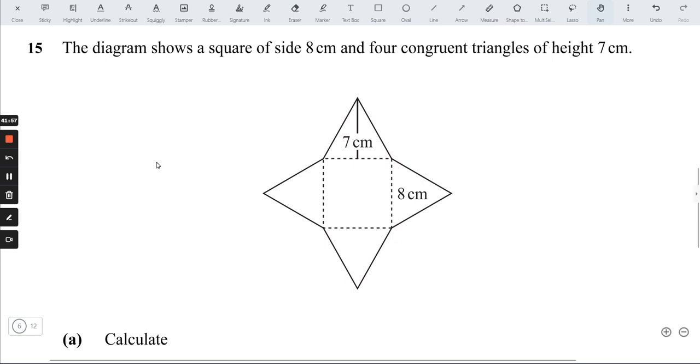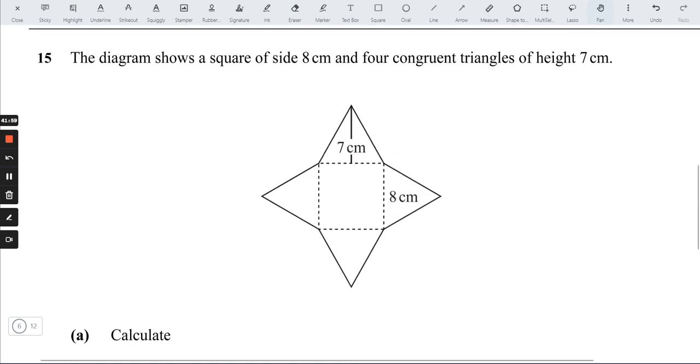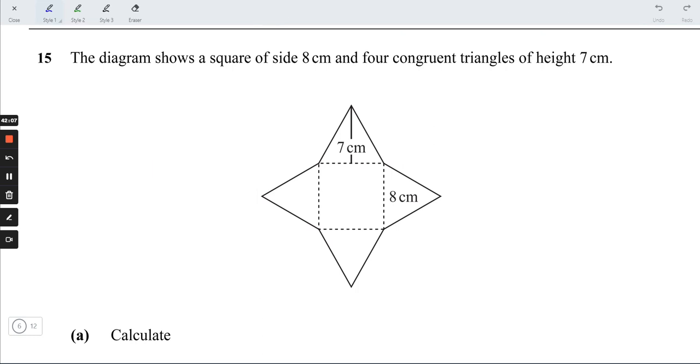So the diagram, question 15. The diagram shows a square of side 8 centimeters and four congruent triangles of height 7 centimeters. So here in this diagram we have a height of 7 centimeters, and be careful that this 8 is for the square. At the same time, it's the base of this triangle.